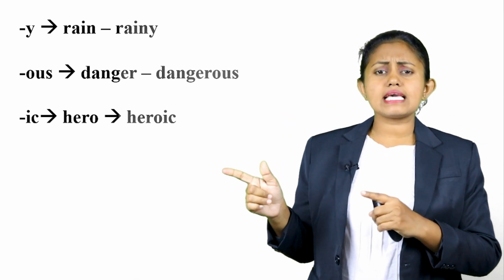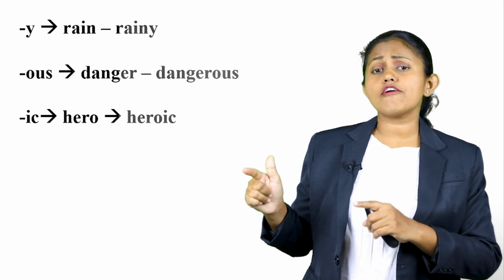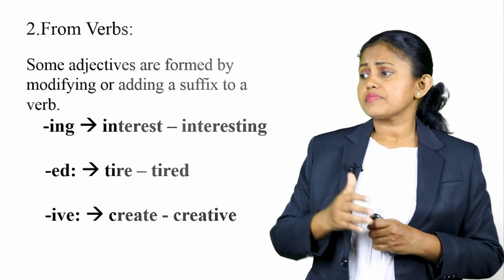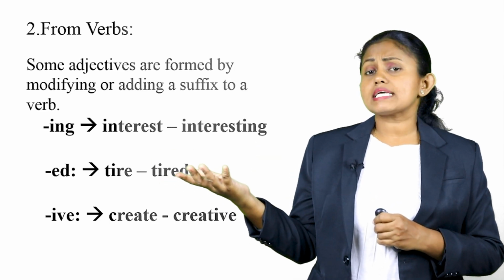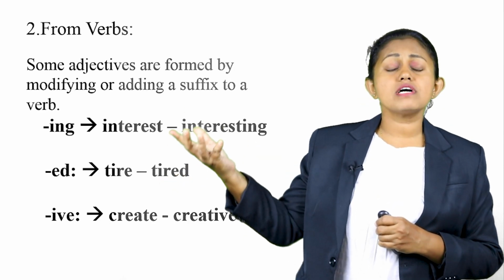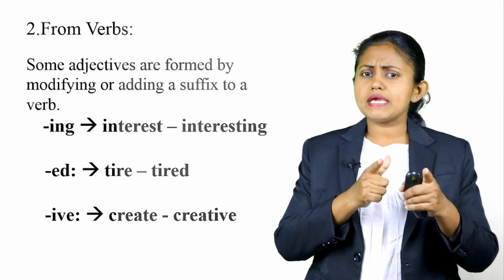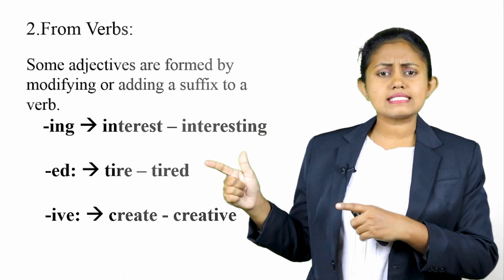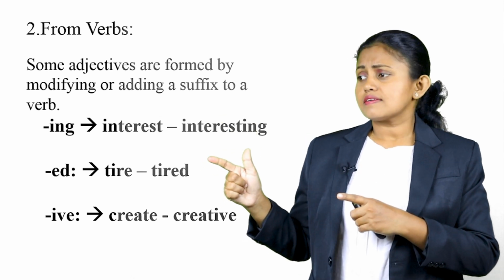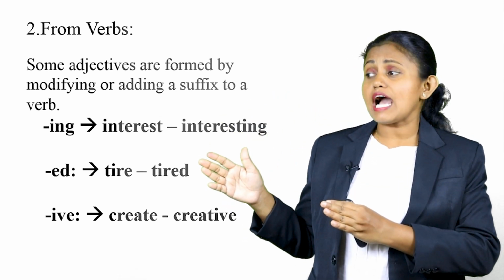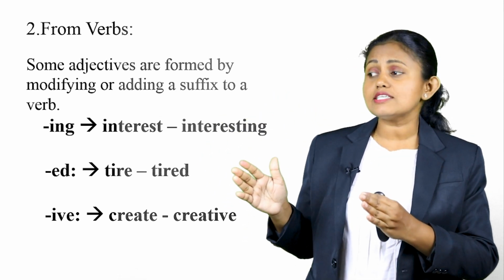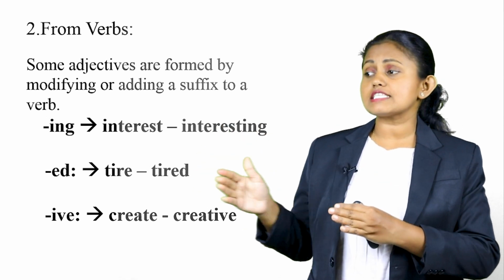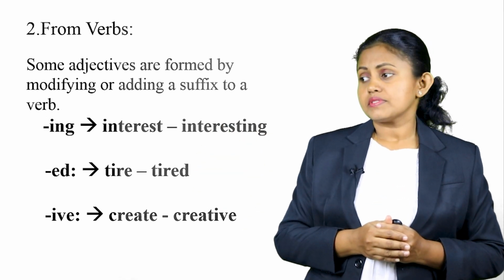Right? Let's see what the other way of making adjectives is. The second way of making adjectives is from verbs. You can make some adjectives using verbs also. Let's see how to do that. Right? Some adjectives are formed by modifying or adding a suffix to a verb. Right?